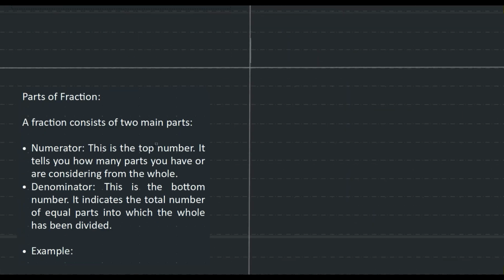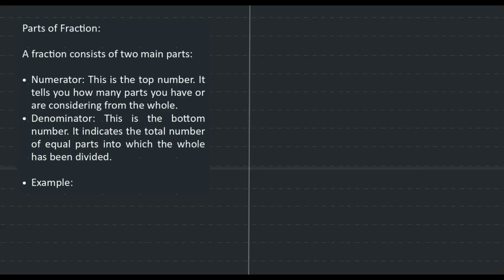Now, the next key thing that you need to know is the parts of a fraction. A fraction has 2 main parts. One is a numerator, another is a denominator. For example, if I write 3 by 4, there's a line, a number on the top and another number on the bottom.